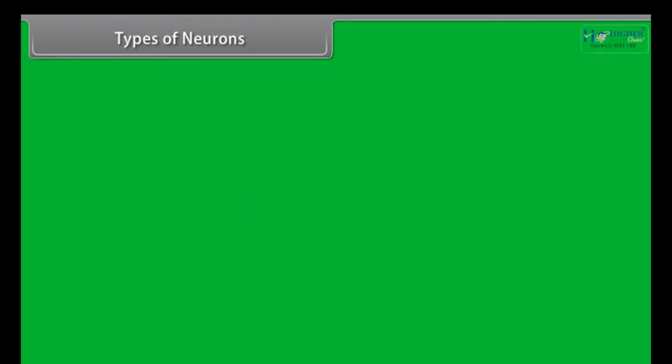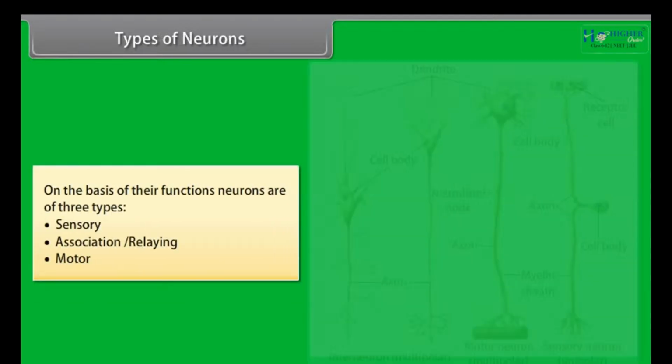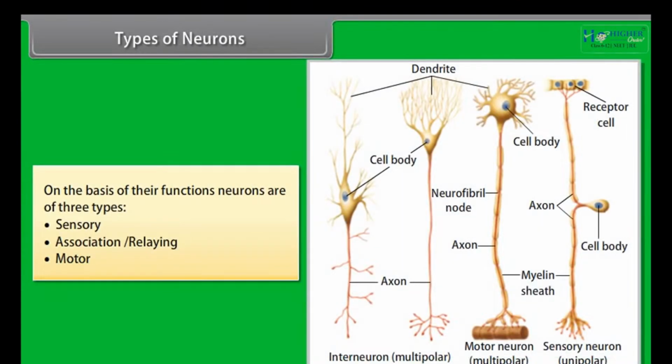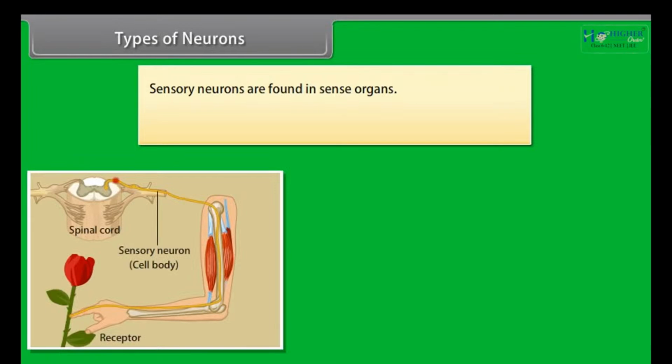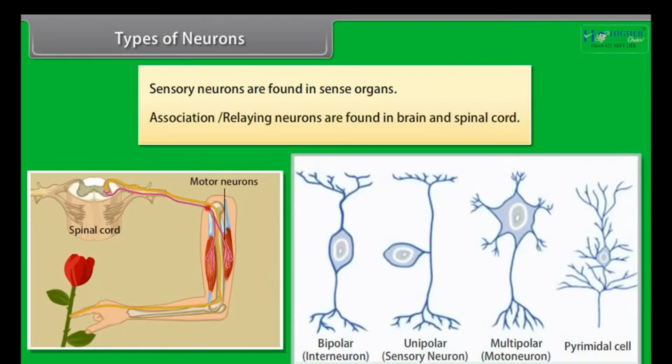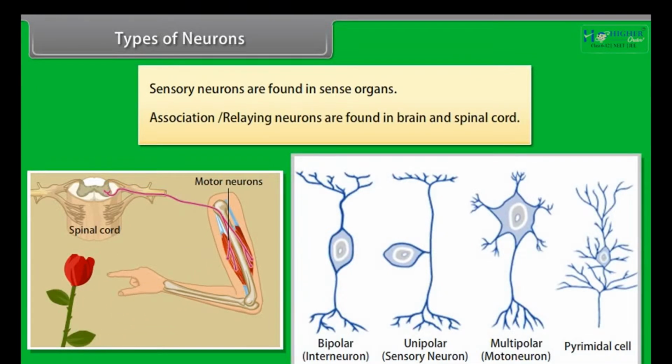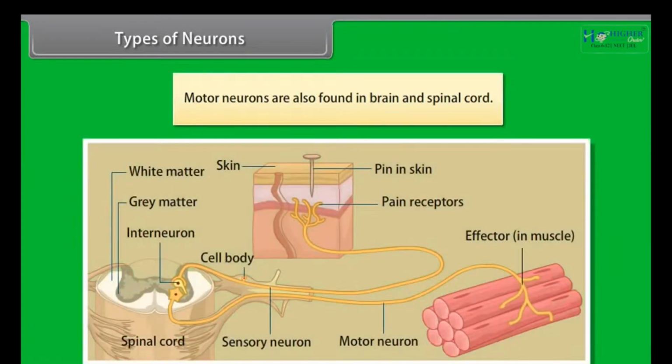Types of neurons. On the basis of their functions, neurons are of three types: sensory, association or relaying, and motor. Sensory neurons are found in sense organs. Association or relaying neurons are found in brain and spinal cord. Motor neurons are also found in brain and spinal cord. Functions of neurons.